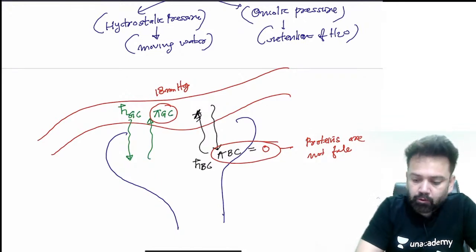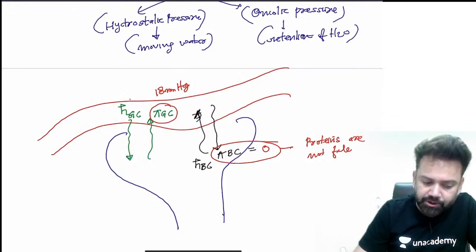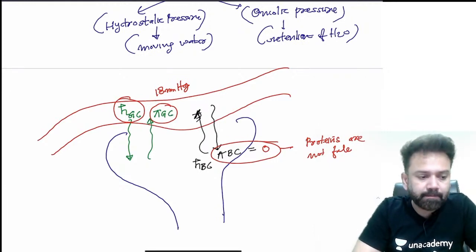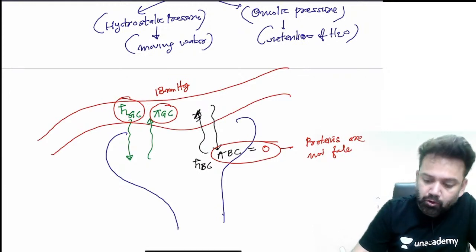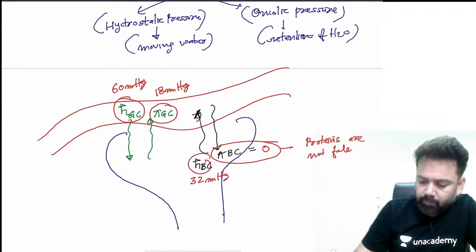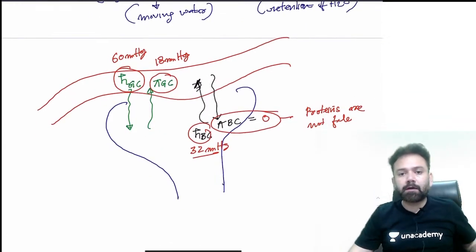Now, how much is the hydrostatic pressure of the glomerular capillary? You must remember these values, they are very important: 60 mm Hg, and the hydrostatic pressure of Bowman's capsule is around 32 mm of Hg.